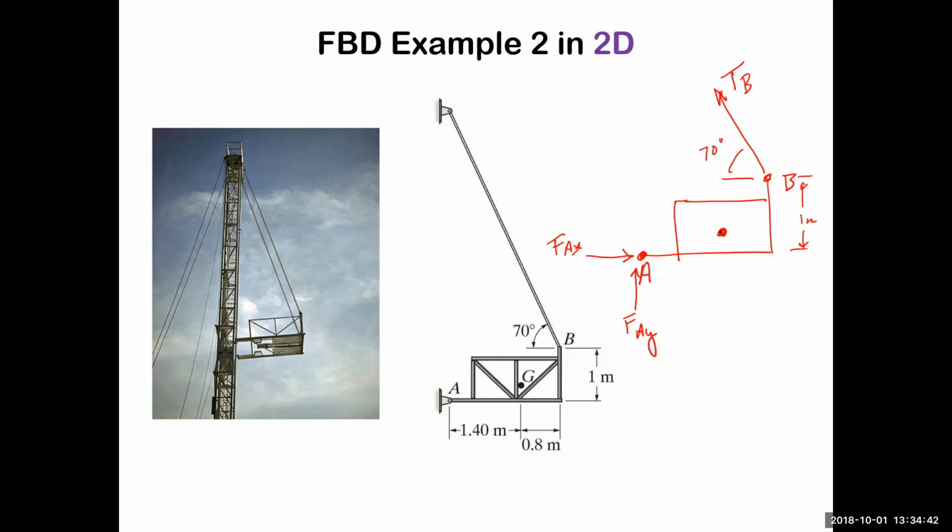There's also a center of gravity on that guy, so we're going to have to put the weight from gravity. And then we would definitely want to put these dimensions here. Oops, 0.8. Having done that, you're now ready to write all the equations of equilibrium.